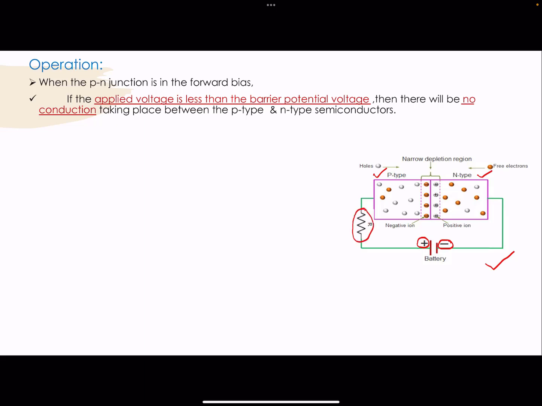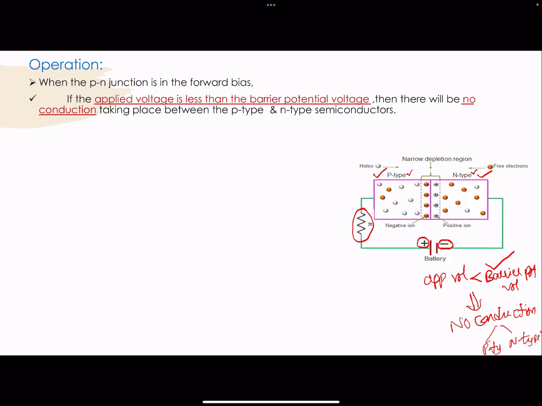Now in the case of the PN junction diode, if the applied voltage is less than the barrier potential voltage, then there will be no conduction taking place between the P-type and the N-type semiconductors.